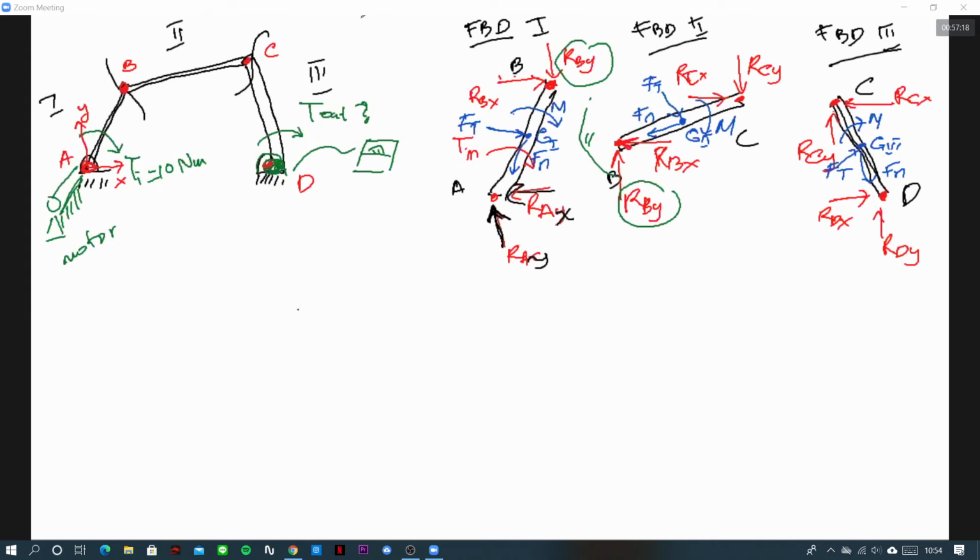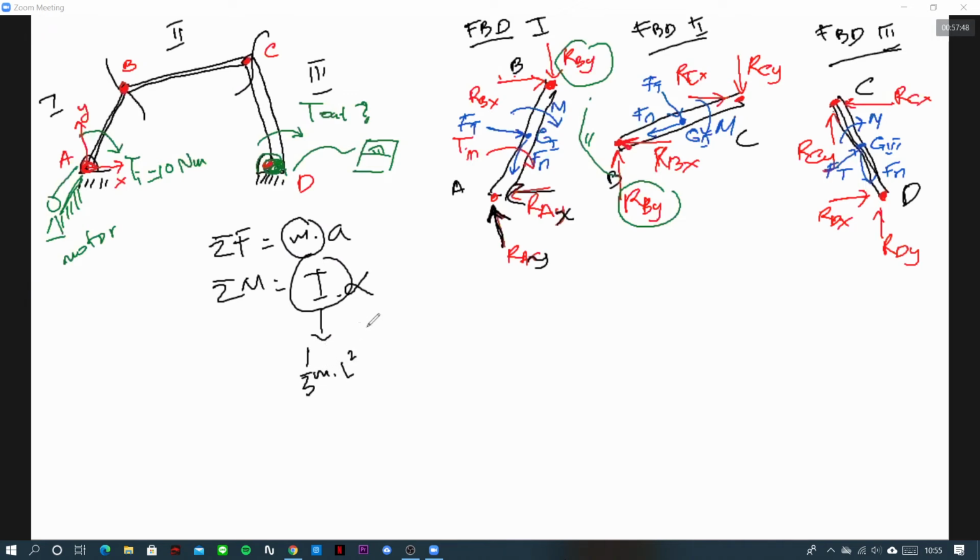The mass of each link will be given. Otherwise you cannot calculate sigma F equal to m times a, so here you will need mass. And sigma M equals I times alpha. Finding this, you will also need m, like 1/3 m times L squared, and so on.